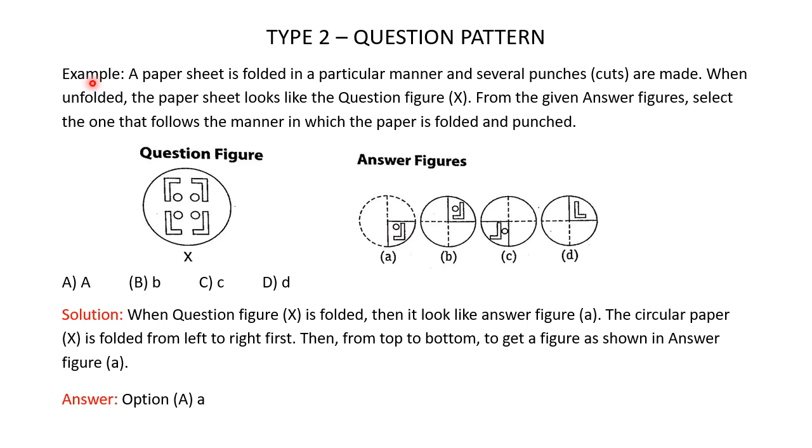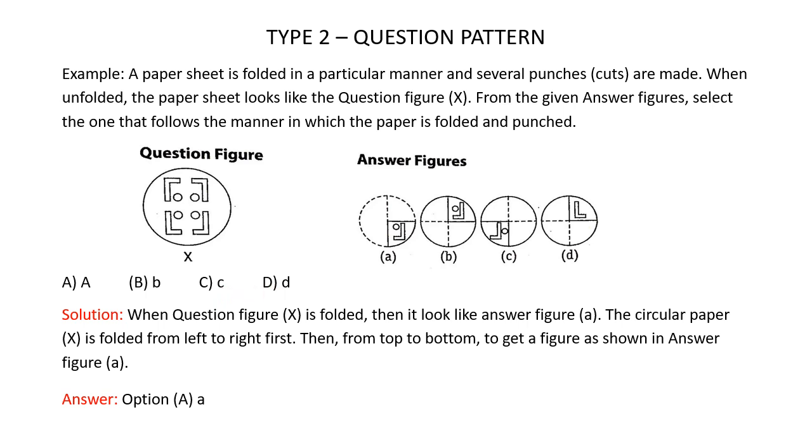Look at this example. A paper sheet is folded in a particular manner and several punches or cuts are made. When unfolded, the paper sheet looks like the question figure X. From the given answer figures, select the one that follows the manner in which the paper is folded and punched. You'll be given 4 answer options and you have to find out which of these answer options is the correct one.